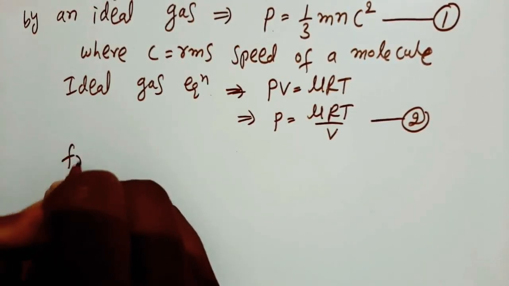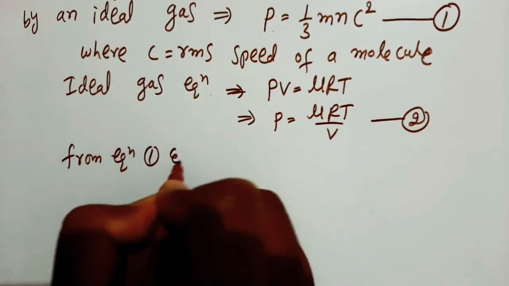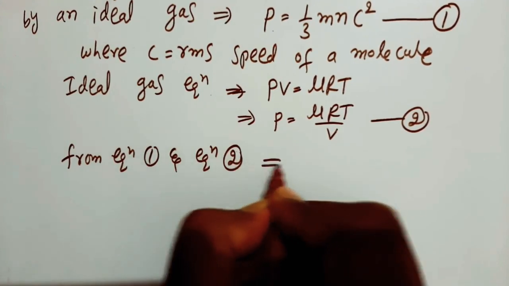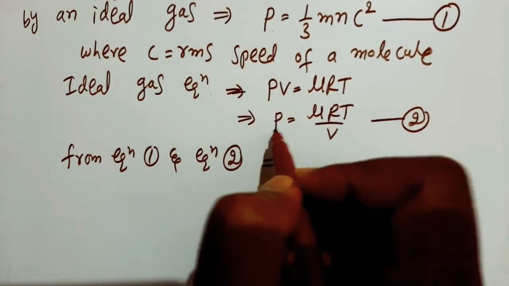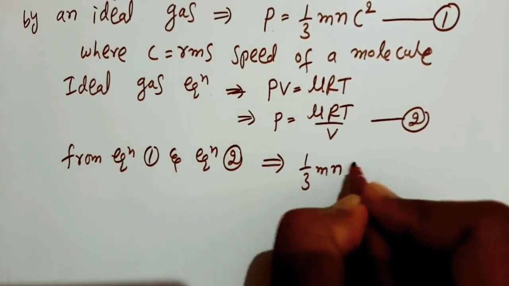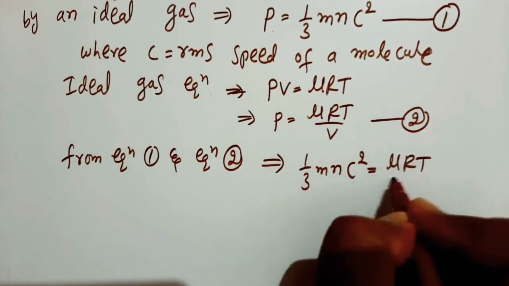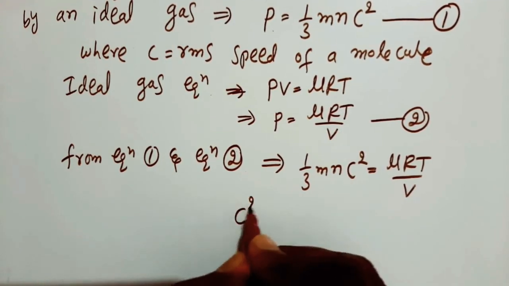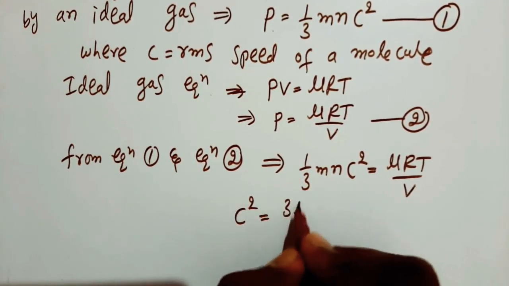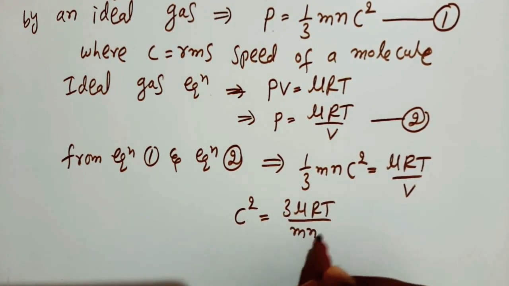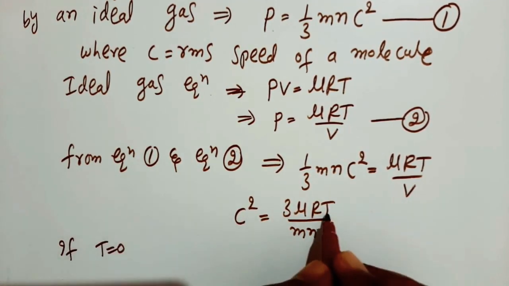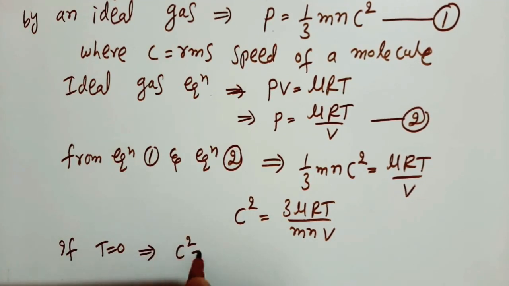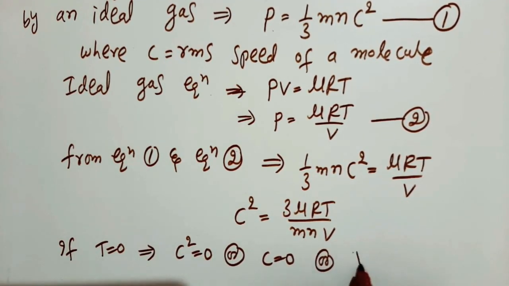From equations 1 and 2, equating these two equations, here it is P, here also it is P. So we can write 1 by 3 mn c square is equal to mu RT by V. So from this, c square is equal to 3 mu RT by mn into V. If T is equal to 0, what happens? c square becomes 0, or c is equal to 0, or v RMS is equal to 0.